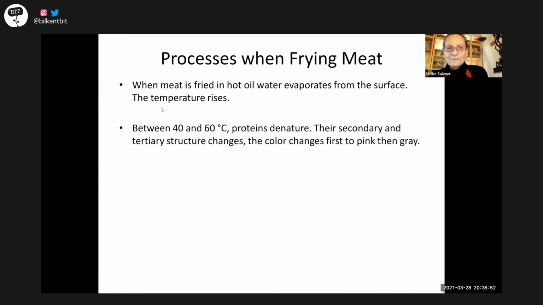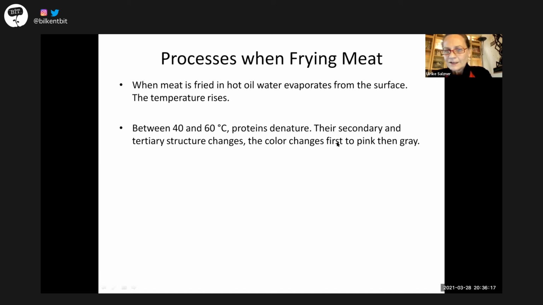But so we have different things happening at different temperatures. In the beginning, before you reach 100 degrees, at 40 to 60 degrees, depending, there are different proteins. These proteins start denaturing, and denaturing is unrolling the secondary and tertiary structure.